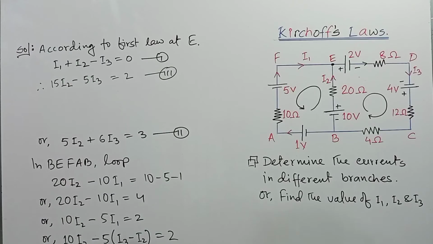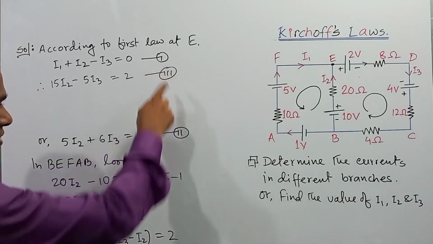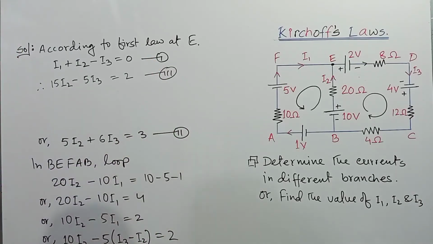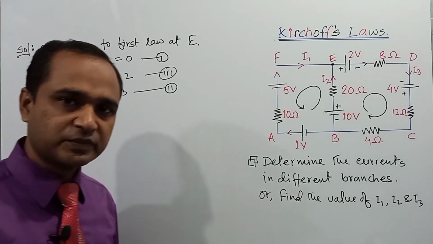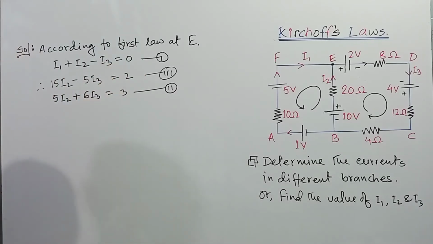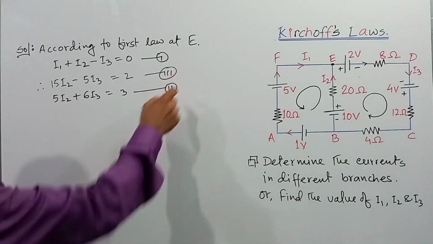Now we have got 3 equations, equation 1, equation 2 and equation 3. So using these 3 equations we will be able to determine the value of I1, I2 and I3. Dear students, first we need to compare these 2 equations.